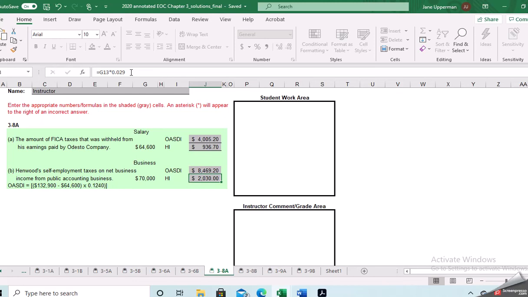Here he'll pay the entire 2.9% on all of that amount. So that is what he calculates as his taxes. And these taxes here would be withheld by the employer. These ones he's going to have to pay in quarterly. Okay, so those are the ones to solve on Excel. The other ones I will have answered in a Word document.